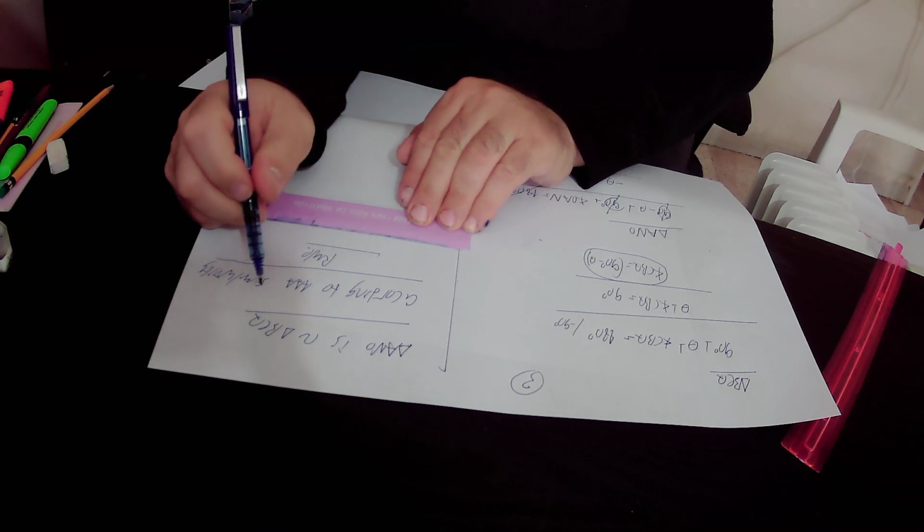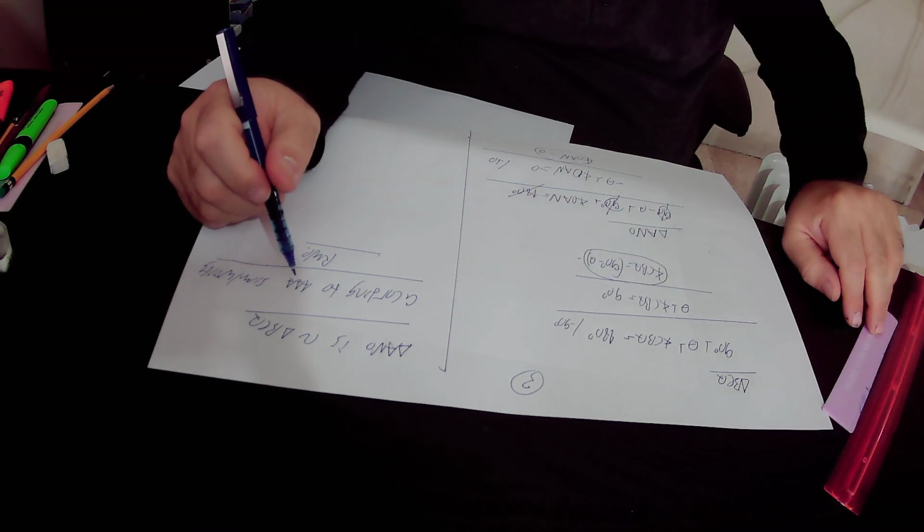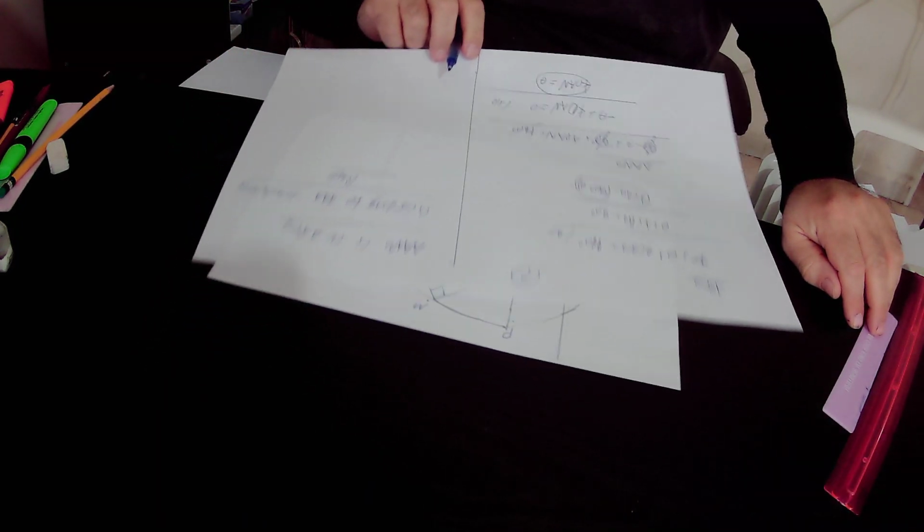Triangle ANO is similar to triangle BCQ according to the angle similarity rule.